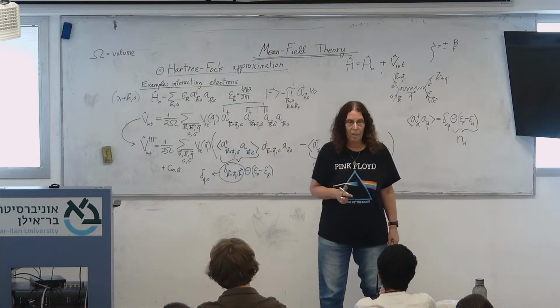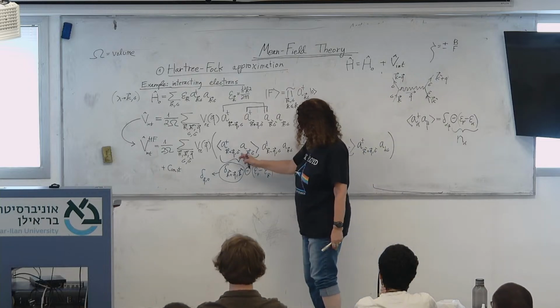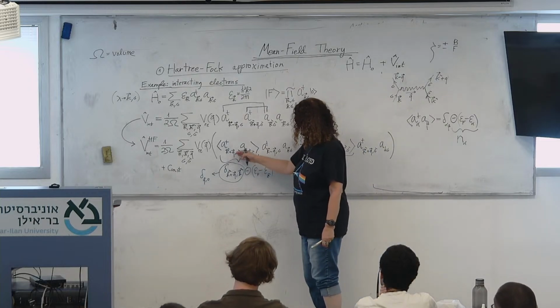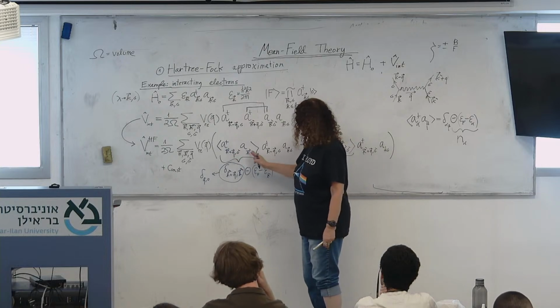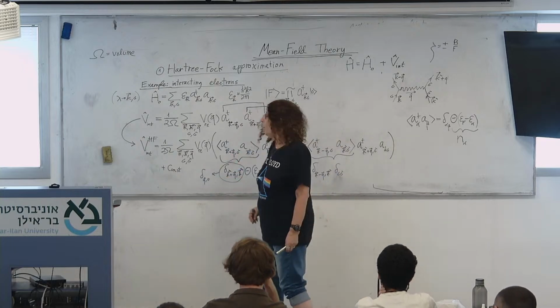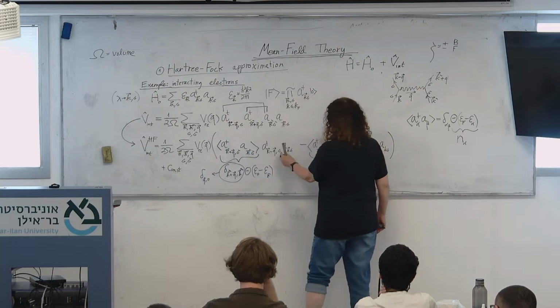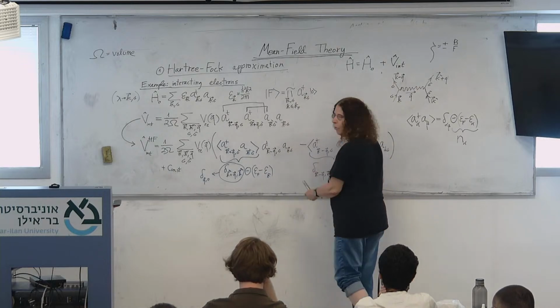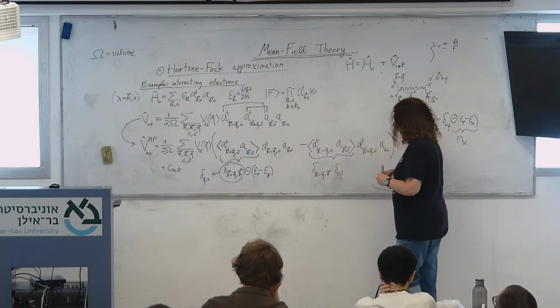It means that for each value of k, you have two contributions from sigma prime equal up and down, and this whole thing will multiply this term with sigma equal up and down.